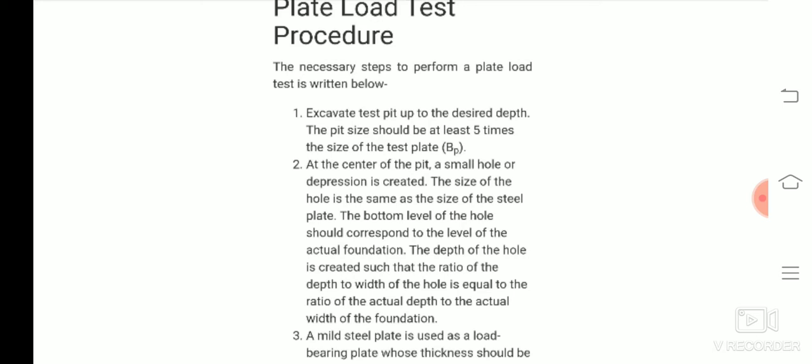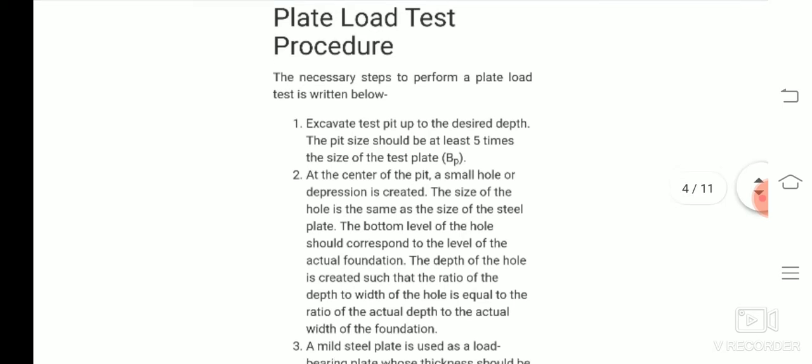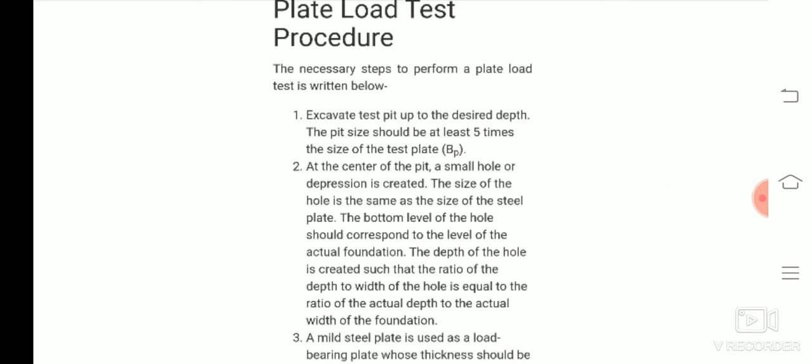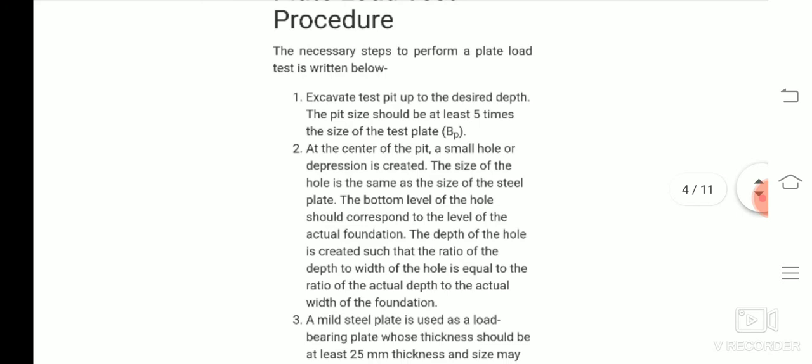Next, the test pit, where the test will be done. The test pit is usually at the foundation level, with a width normally equal to 5 times the test plate. So we have to excavate the test pit up to the desired depth. The size of the pit should be at least 5 times the size of the plate.